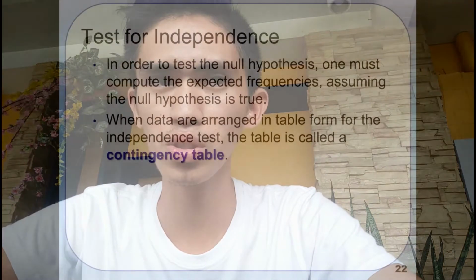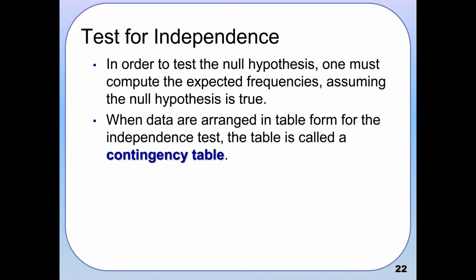Test for independence. In order to test the null hypothesis, one must compute the expected frequencies assuming the null hypothesis is true. When the data are arranged in a table form for the independence test, the table is called the contingency table. So, basta ang arrange ganyan yung data from the independence test in a table, contingency table. Kaning contingency tables, naa siyang column.